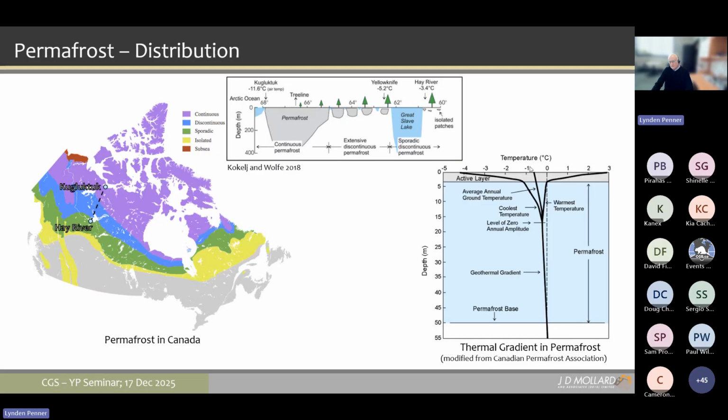The average annual ground temperature would be, of course, between these two curves, maximum and minimum temperatures. And this is referred to as a trumpet diagram, if you can imagine. Sort of the open end of the trumpet pointing upwards, and the ground temperature increasing slightly with depth until you're below the permafrost zone.